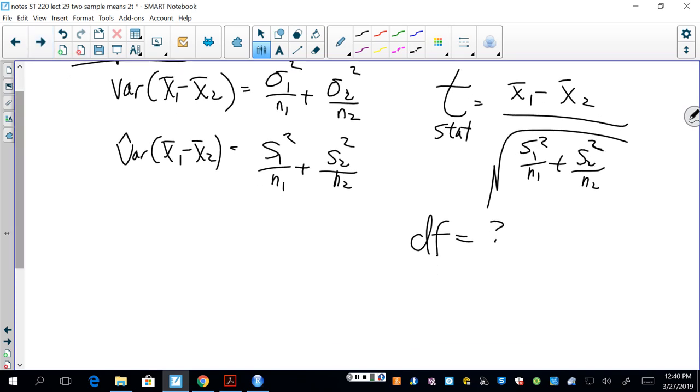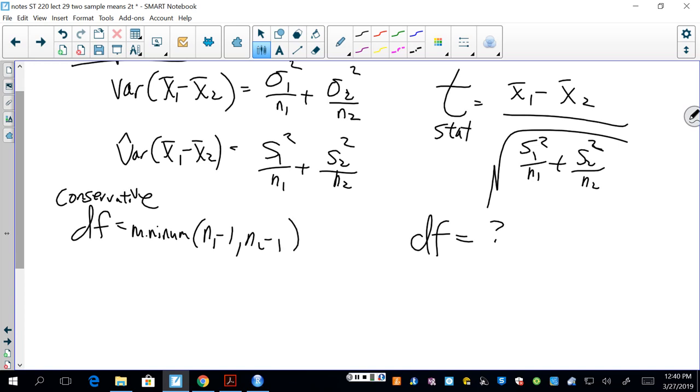There are different ways to approach this. One way is conservative: you take the smaller of the two individual degrees of freedom.